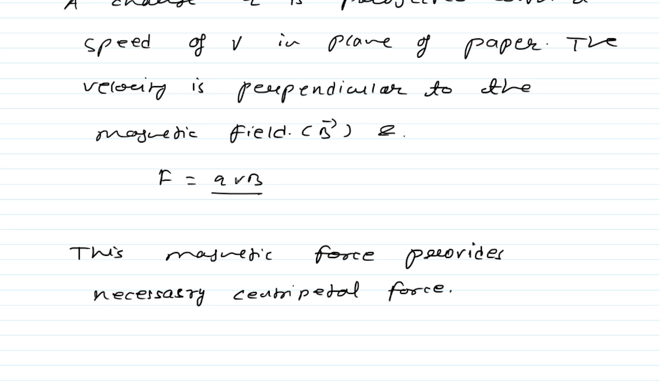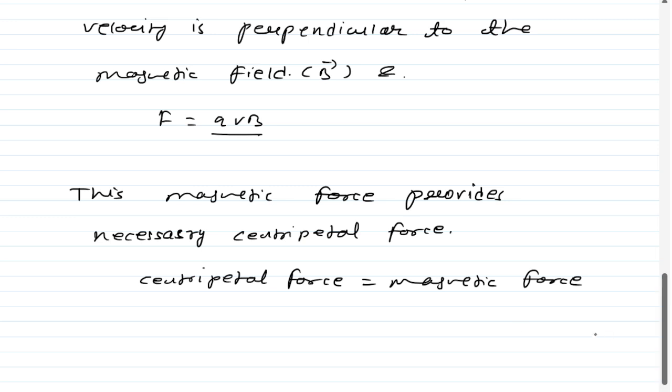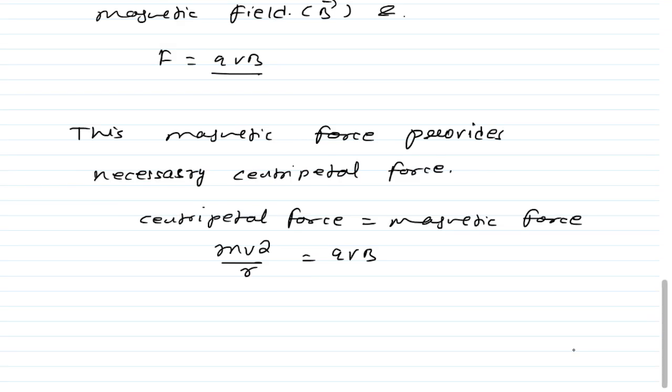We have assumed r as the radius of the circular path, so we know centripetal force is equal to magnetic force.